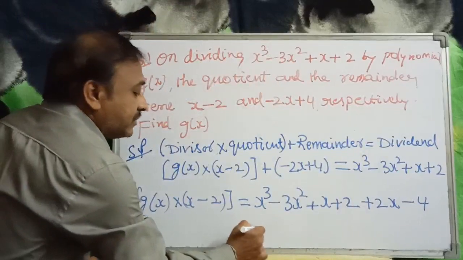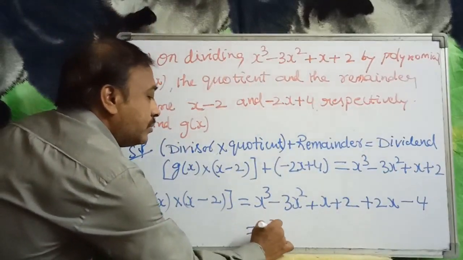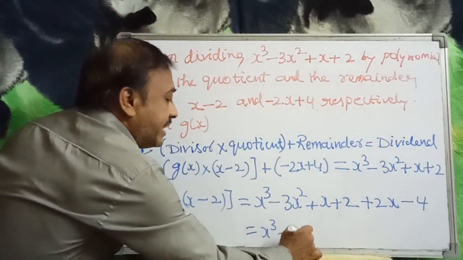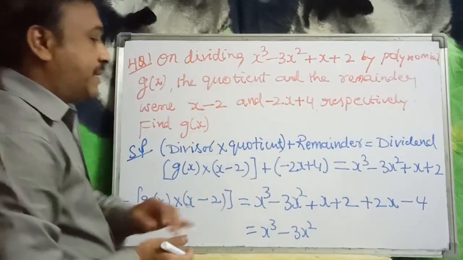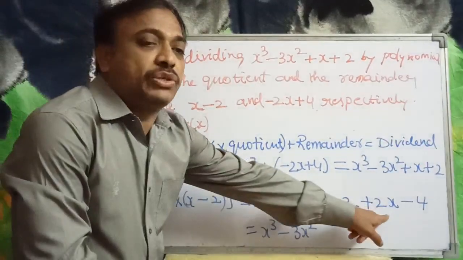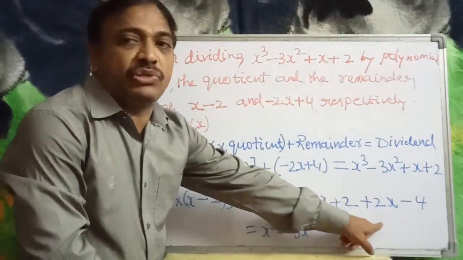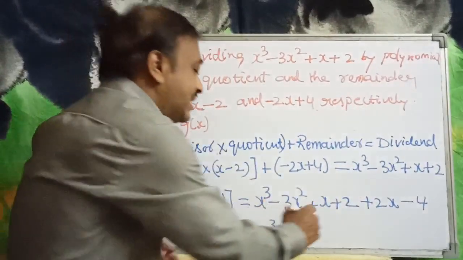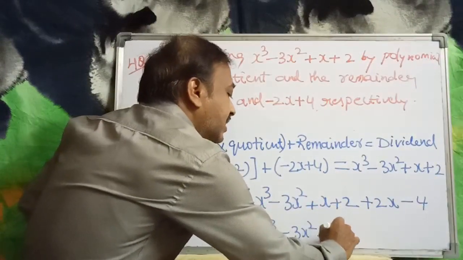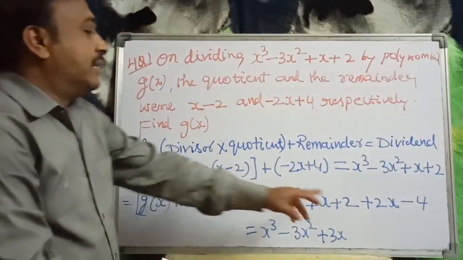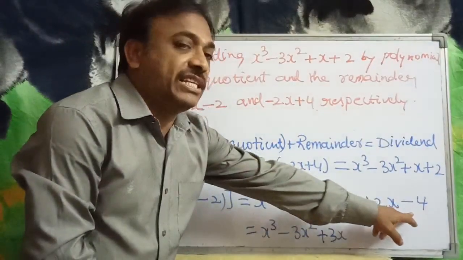Now x cube minus 3x square, observe it, this is 1x plus 2x, together it is 3x. So plus 3x, then this is plus 2 and this is minus 4.